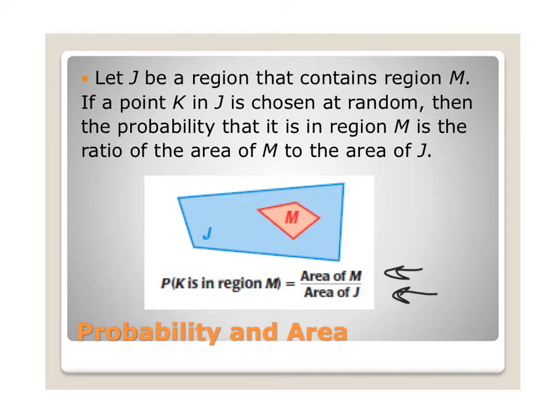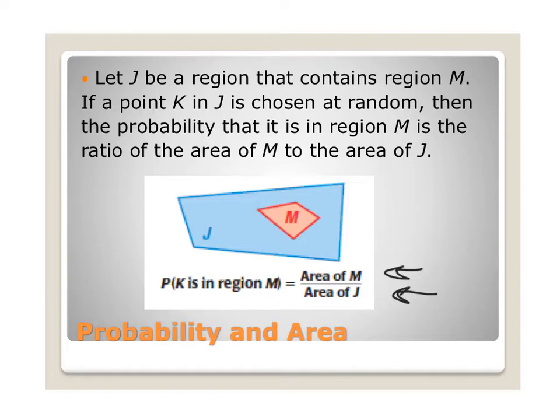You're going to get triangles, rectangles, squares, or circles, something that we know the formula for. So you're doing the area of that pinkish M over the area of the whole J quadrilateral. Everybody good on this slide?